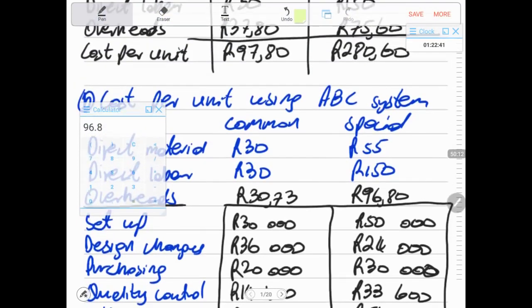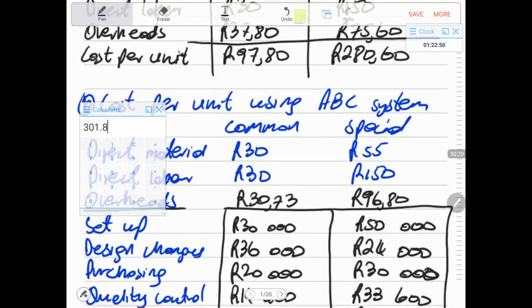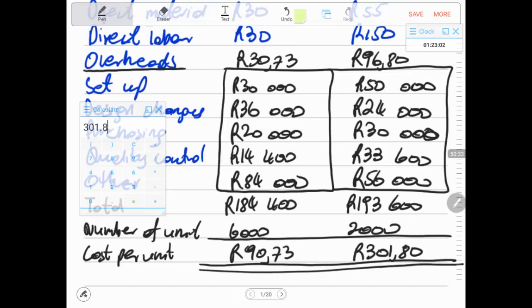Yes, 96 rand 80 cents plus 150 plus 55, 301.80. So now this will be what was required, the cost per unit for each of the product.